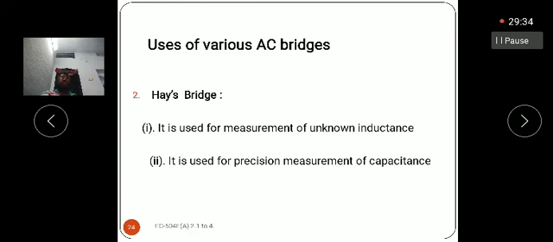Now, the Hay bridge is used for measurement of unknown inductance.